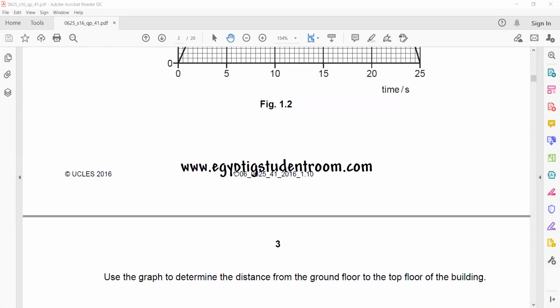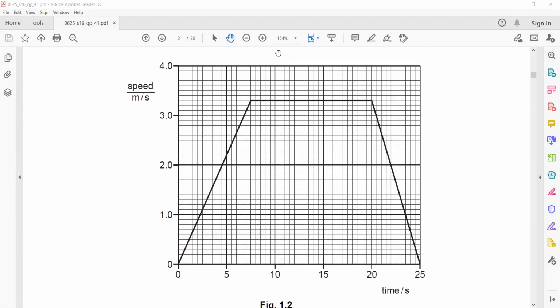So this will be 12.5 multiplied by 3.3. And for the last part, it's also a triangle, so it will be half. Base is equal to 5 and height is 3.3. So you multiply base with height, divide by 2 and then add them, because we need the total distance travelled. So distance travelled is the area under the graph.